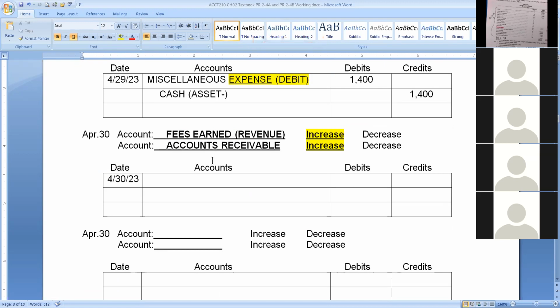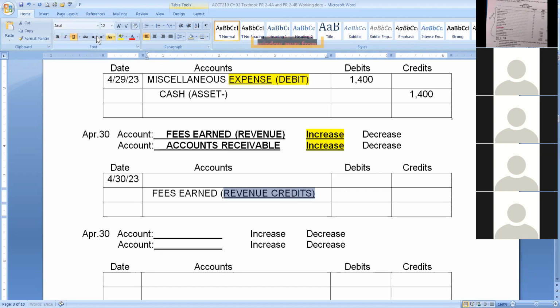And then accounts receivable. Revenues are always credits. Unless there's an error, revenues are always going to be credits.